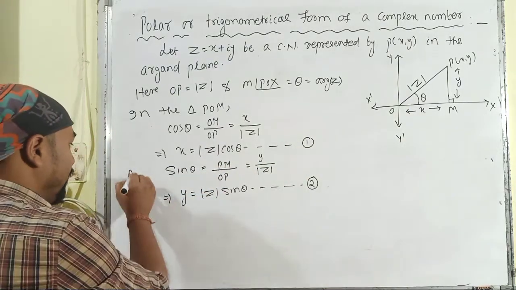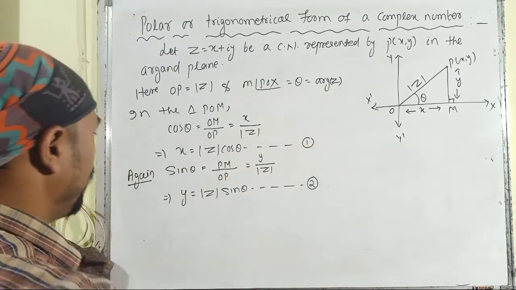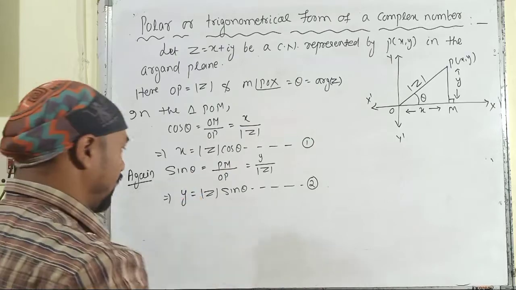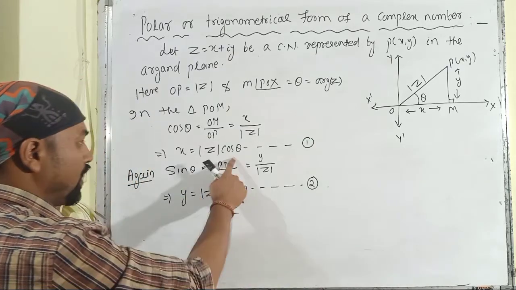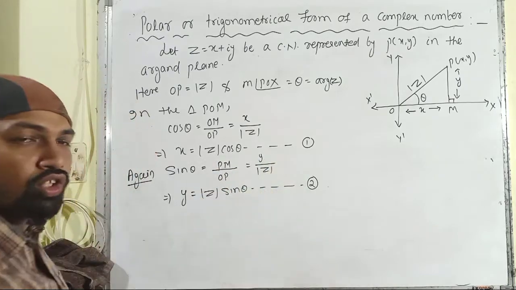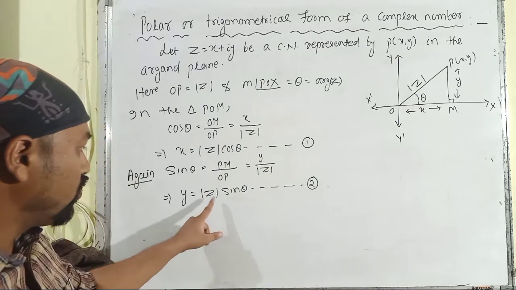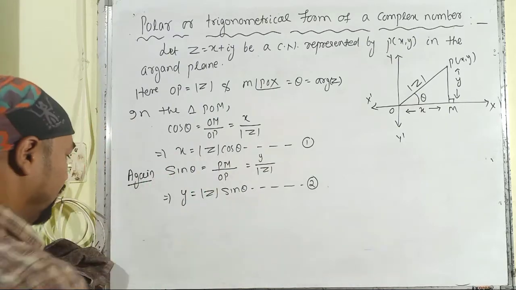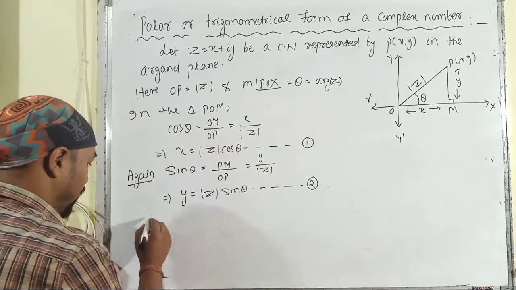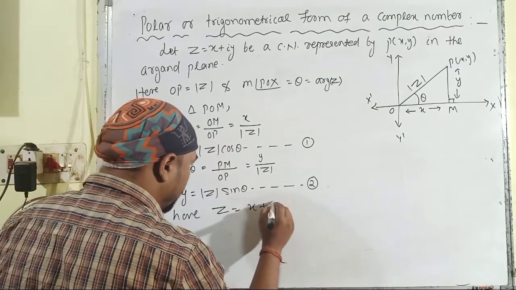Similarly, again in the triangle POM we consider the trigonometric function sin theta. Sin theta is equal to PM upon OP, and this will be equal to y upon the modulus of z. Then y = |z| sin theta. Now going back to the complex number, we have z = x + iy.